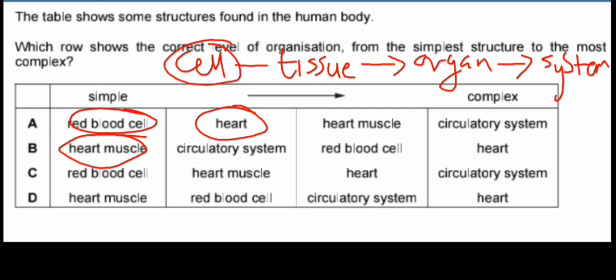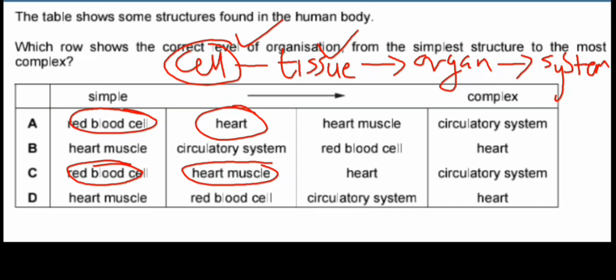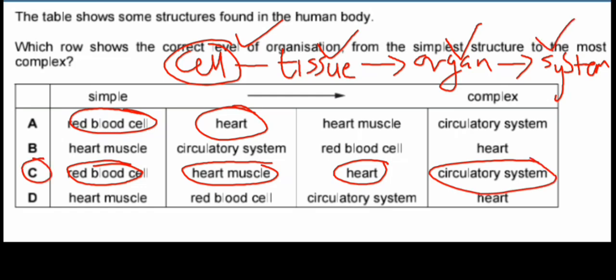So meaning even B is not going to be qualified to be the answer. Then as for C, we have red blood cell, which is going to be the cell, of course. Then followed by the heart muscle, which is going to be the tissue. Followed by the heart, which is going to be the organ. Followed by the circulatory system, which is going to be the system. So meaning C is going to be our answer.